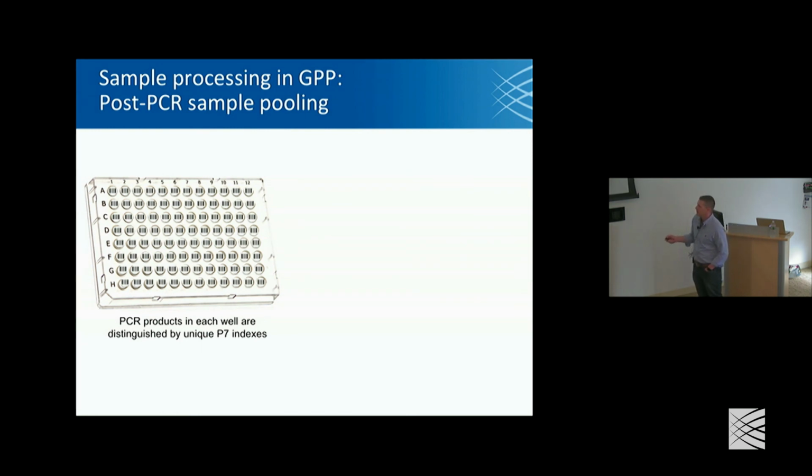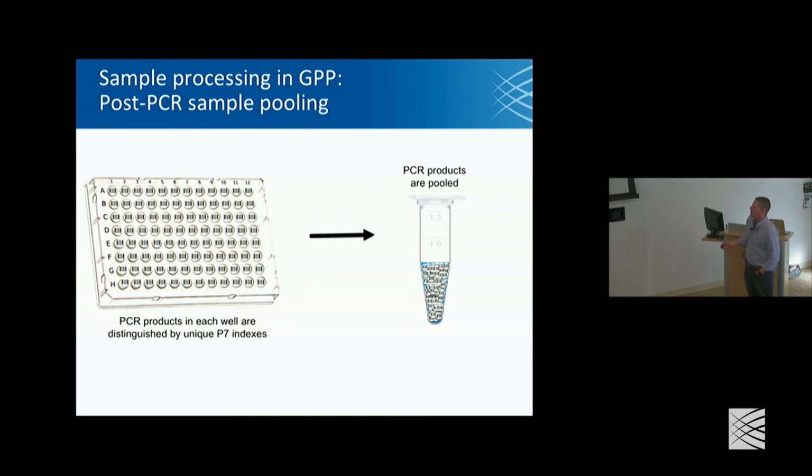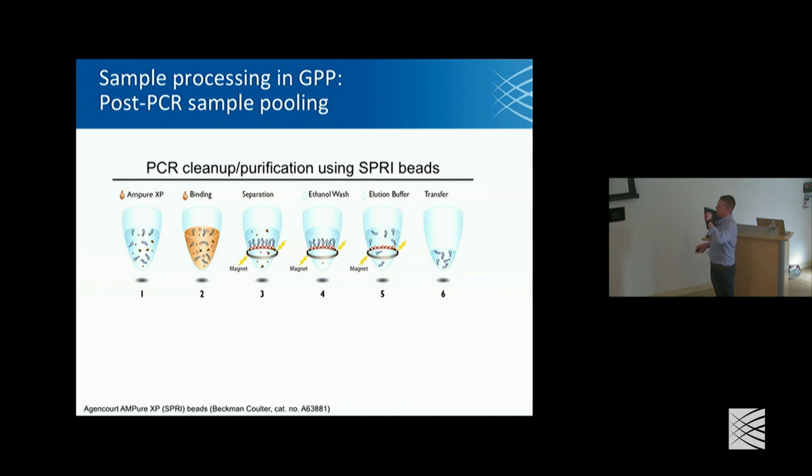So post-PCR, we have a 96 well plate, and we have a unique barcode on the P7 index for each well in the plate. So what we're going to do now is take all these reactions and pull them together into one tube. From that tube, we're going to do cleanup purification, and we use SPRI beads to do this. If you're not familiar with these beads, you basically take your DNA sample and mix it with the SPRI beads, which will bind up the DNA. These are magnetic beads, so you can toss them on a magnet.